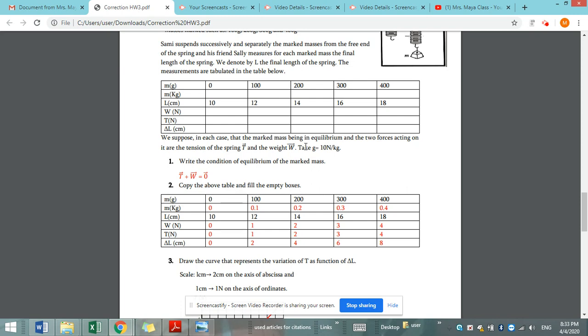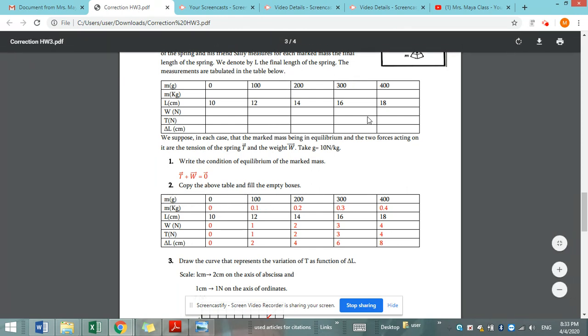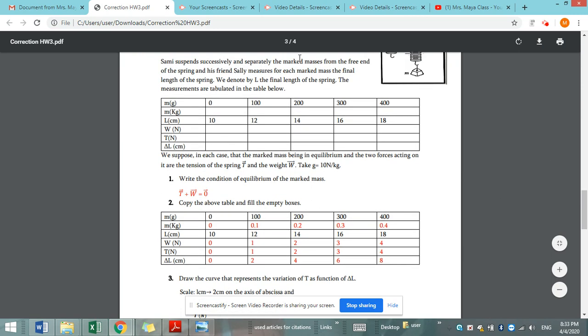For the tension, since it's given to be at equilibrium, and we know that in equilibrium the opposite forces have equal magnitude, T magnitude without vector is equal to W, so they are equal to each other. Delta L is calculated by applying the formula L minus L0, where L is the final length and L0 is the initial length of the spring without suspending any object from it, which we call the free length.